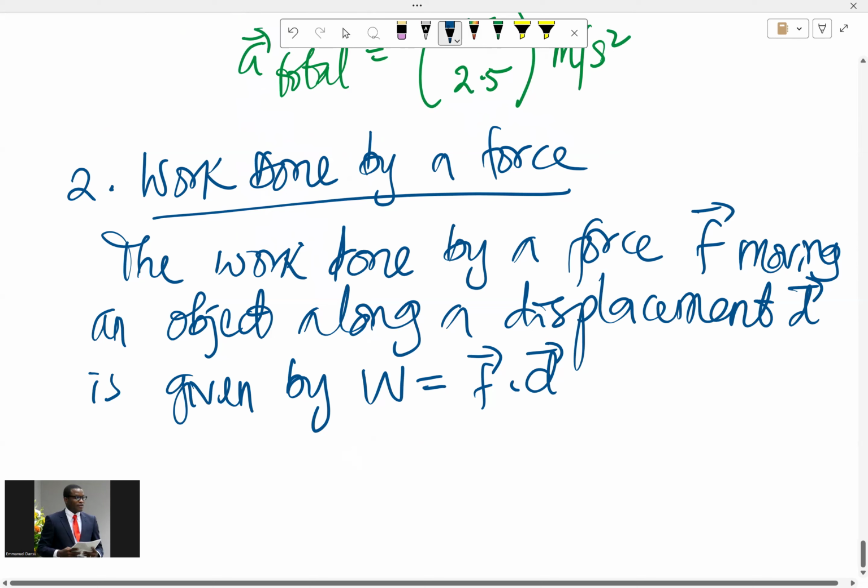You know, work done is force moved over a distance or something like that. And that's why the formula is: work done is the dot product of force and the displacement.